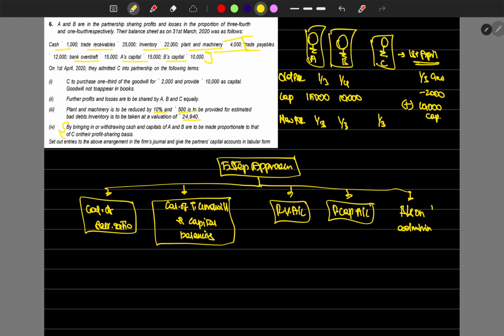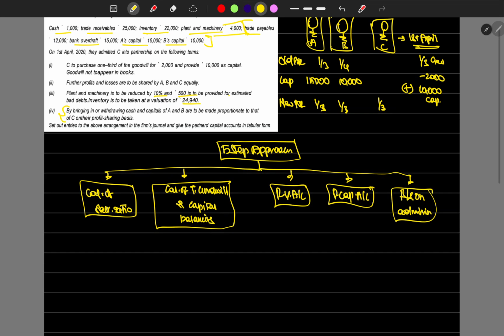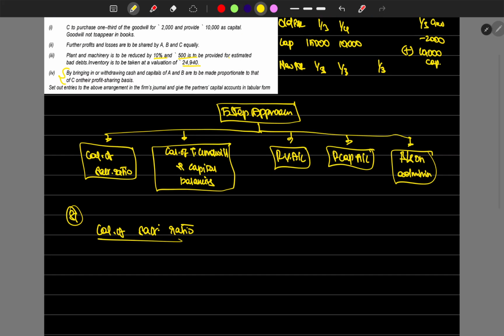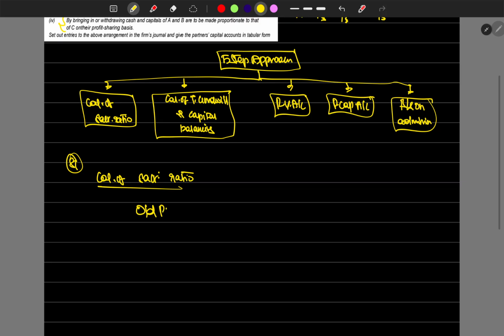Well done. Now let's quickly start with the calculation of the sacrificing ratio. How do we calculate the sacrificing ratio? Old PSR minus new PSR gives us the sacrificing ratio.